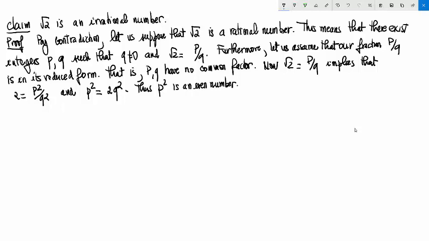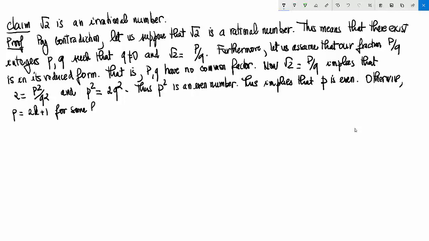So this implies that p is even. Indeed, otherwise p will be of the type 2k plus 1 for some integer k, and p squared will then be (2k plus 1) squared, which is 4k squared plus 4k plus 1, which is clearly odd.